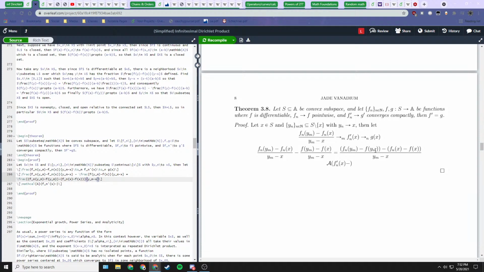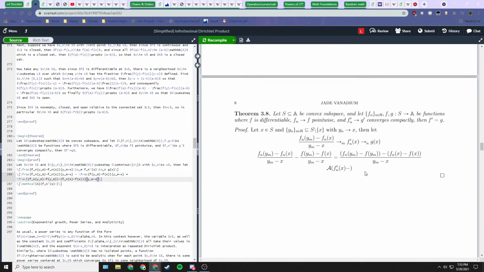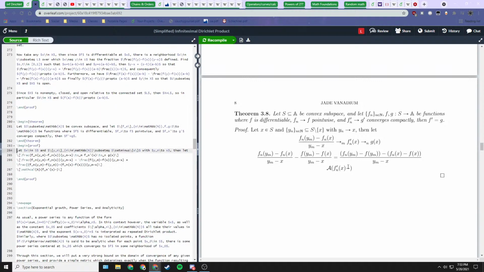This converges compactly, which means that across all n, or across all m, we can form a compact bound which tends to 0 with n. Essentially, x is in S, and the sequence y is a subset of S, and this goes to that.